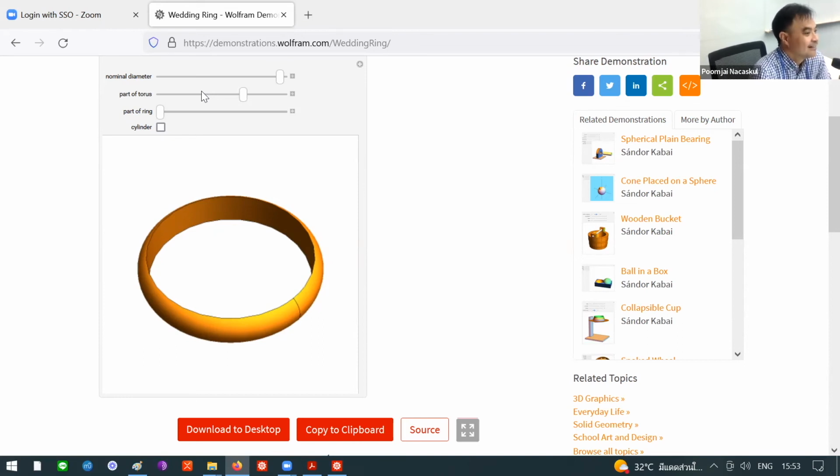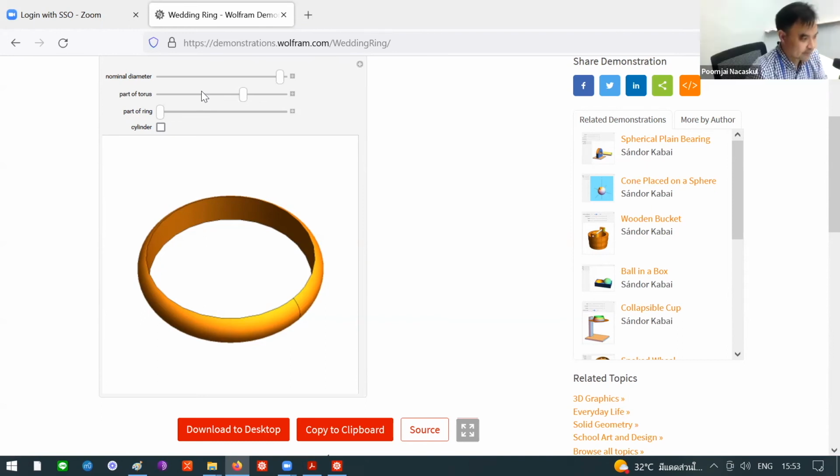Well, a torus is a geometric shape, just like a cylinder, right? A sphere, that's a geometric shape, right? A cube, a box, right? A torus looks like what you get when you take a tube and join the ends together.